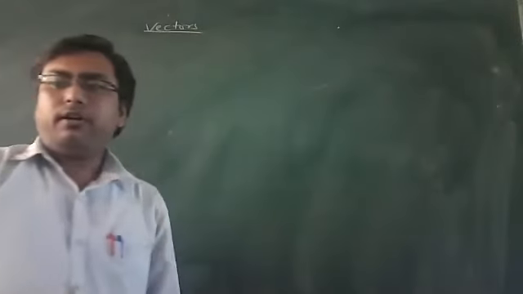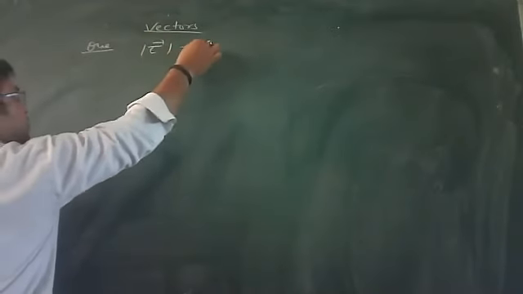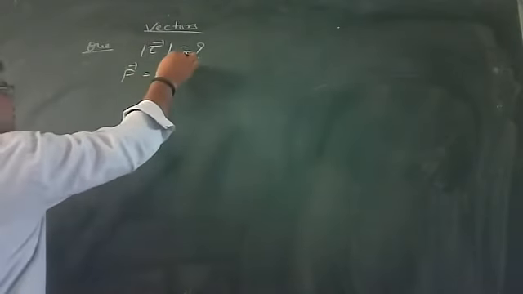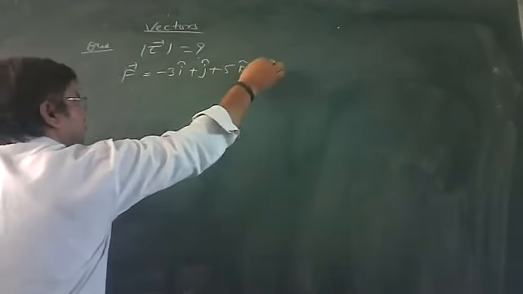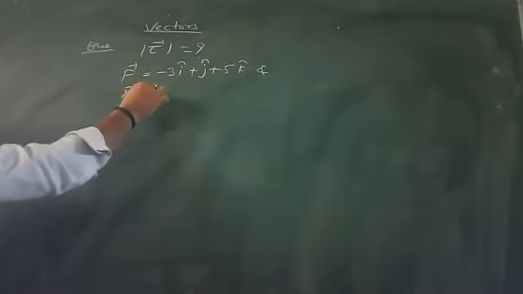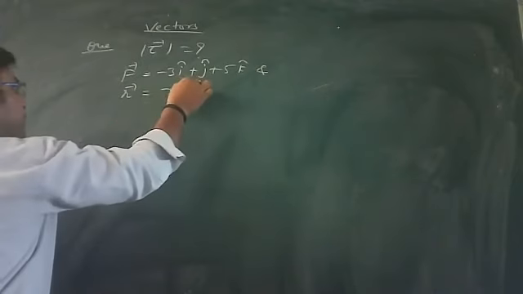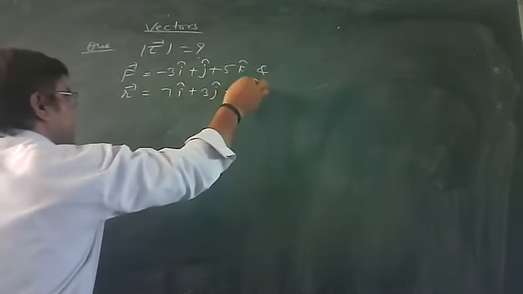Find the magnitude of torque. Write the next question. Find the magnitude of torque if the force F vector is equal to minus 3i cap plus j cap plus 5k cap, and the position vector R is equal to 7i cap plus 3j cap plus k cap meter.